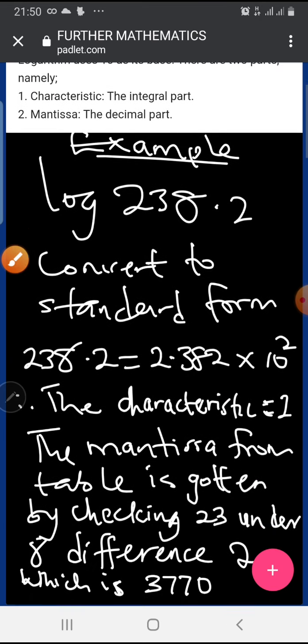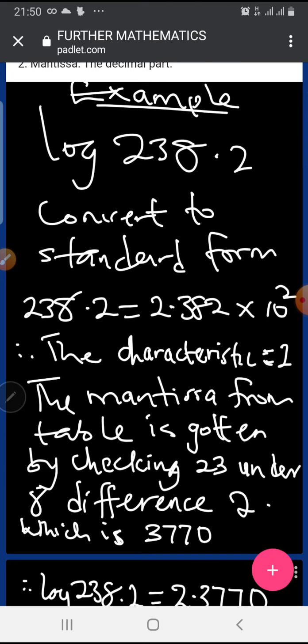Here is an example. You have to find the logarithm of 238.2. First convert this number to standard form, which means writing it with the decimal point after the first whole number.